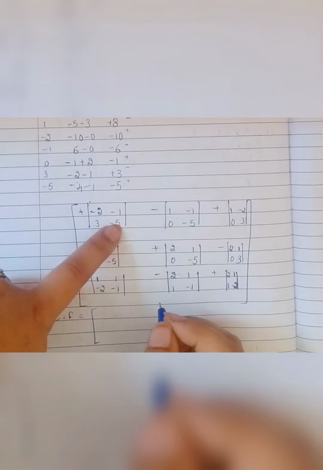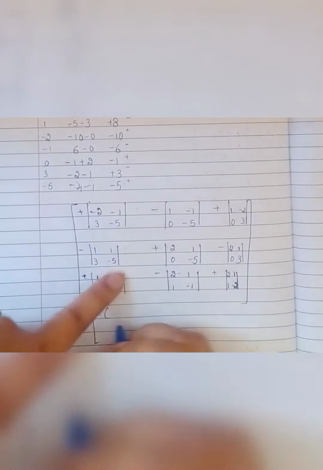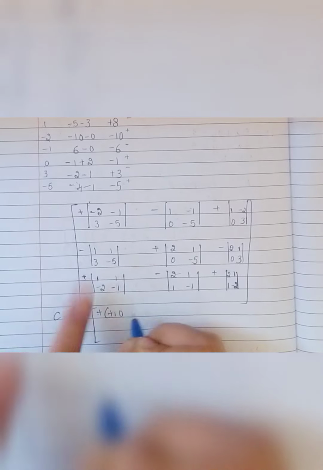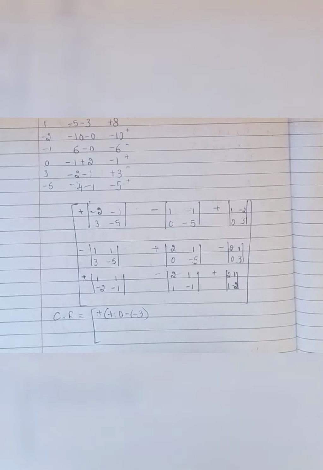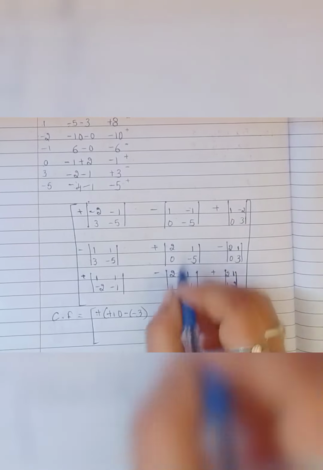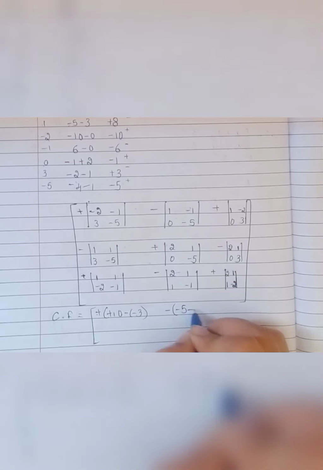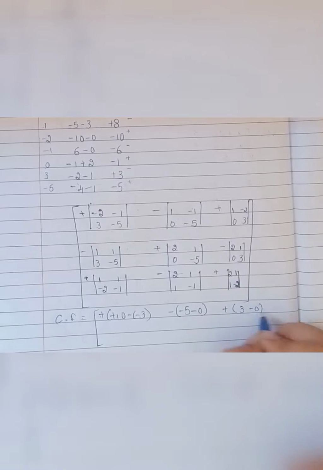Cofactor is equal to 5 twos are plus 10, 3 ones are 3, minus of minus 3, which is plus 3, which is 13. The same we have got. Then minus of 5 minus 5 and minus 0, plus 5, plus of 3 minus 0.